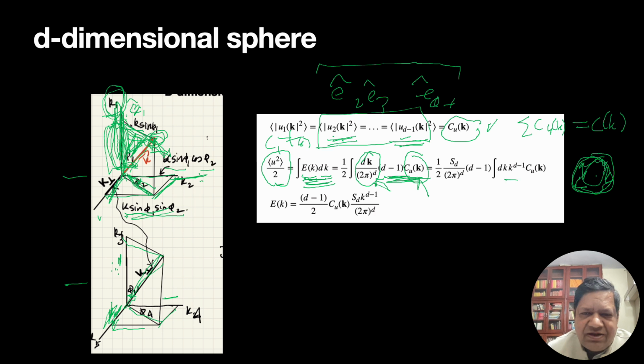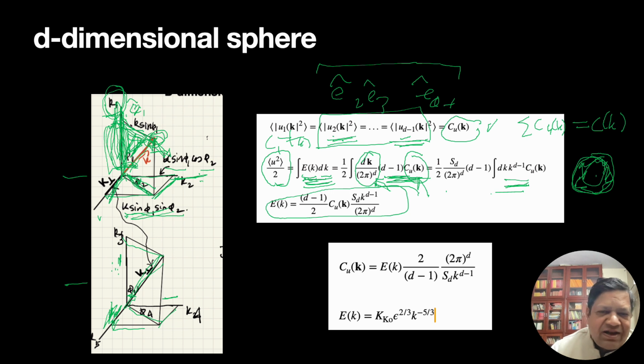So here I can integrate over all angles and simplify this. The relation between E of k and C of k is this. This is useful when I do the field theory, so that's why we have written this equation for reference.